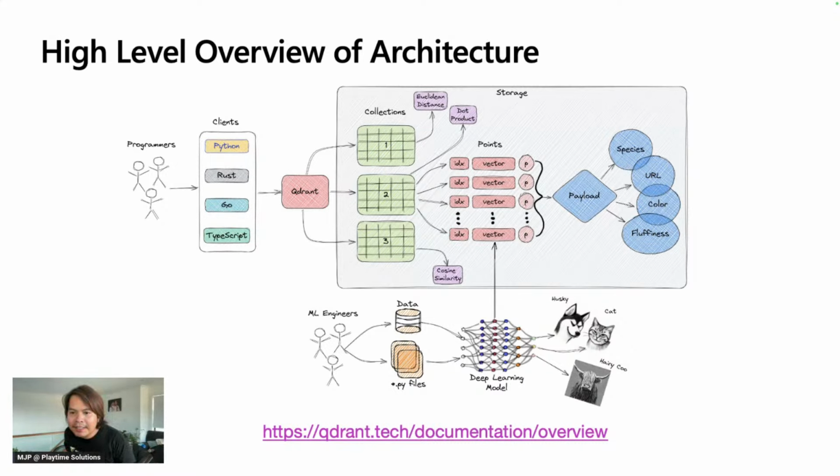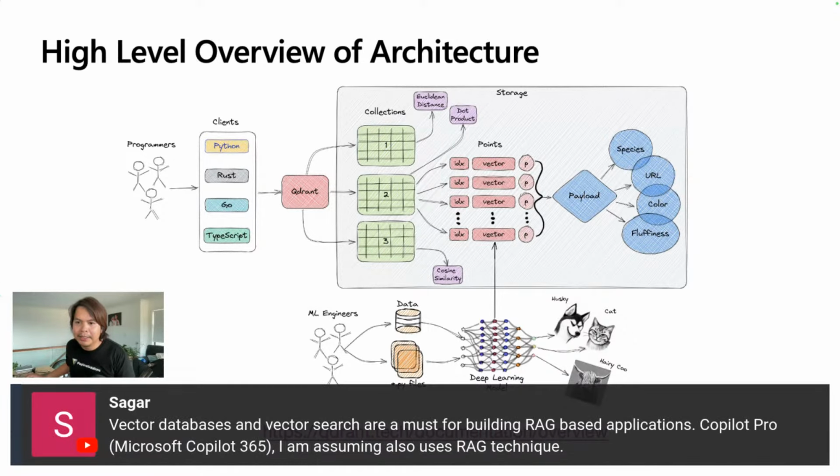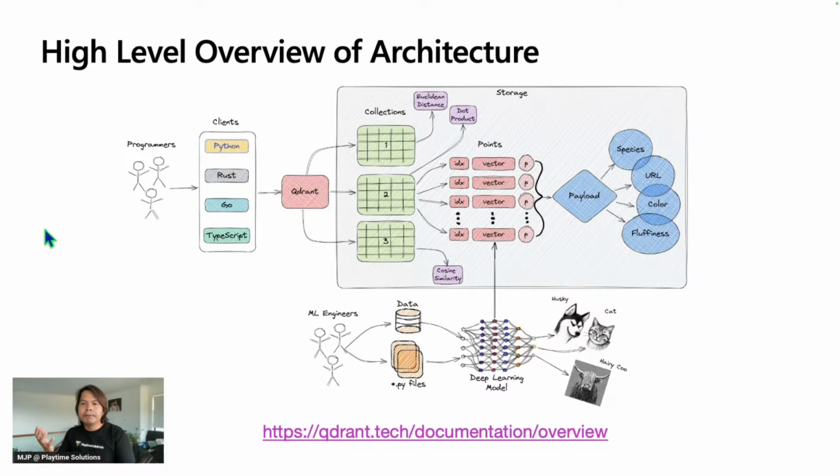Then Sagar said vector database and vector search are a must for building RAG-based applications. Yes, actually you're right. Vector databases are a must at the moment, because for a RAG-based application, instead of creating a giant model out there, let's say you want to fork GPT-2 or GPT-3 and then build your data on top of it, that's a very expensive exercise and probably not the best use case all the time.